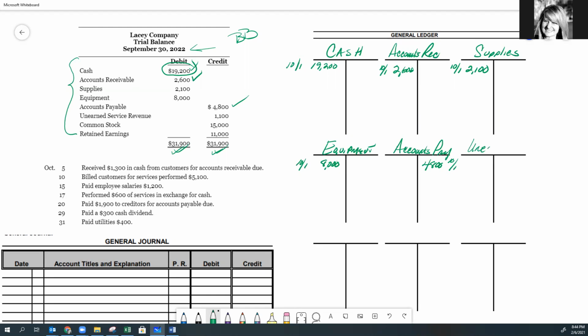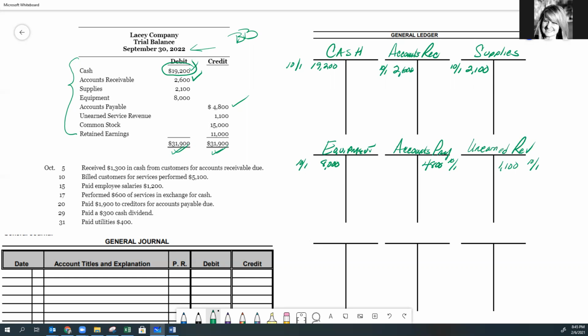I'm just going to call that unearned revenue for space reasons. It is a liability. That's when we collect our customers' money in advance, and we're going to provide services later. So we owe them the services, and if we don't provide the services, we owe them the money back. So that has a credit balance. We're going to put it on the credit side.